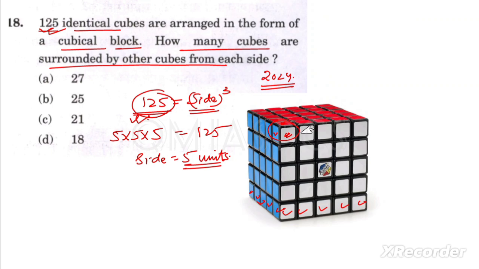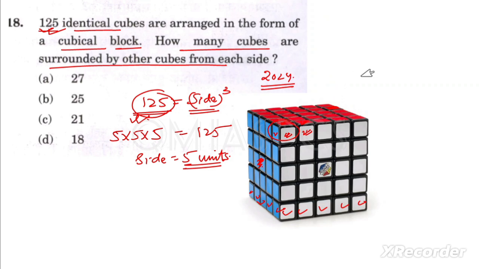If you look at this one, here again you can see this face and this face are not surrounded. If you look at any surface of this one, the outer surface is not surrounded. If you look at this one, here also the outer surface is not surrounded by any cubes, right?